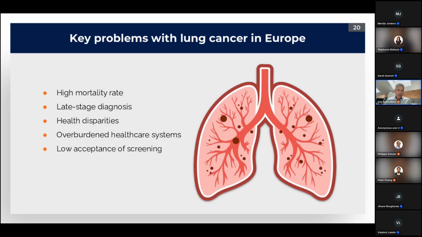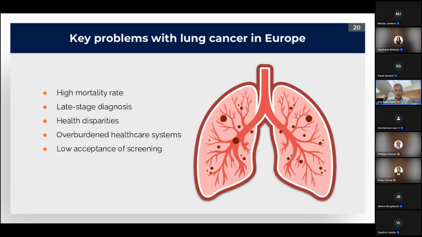There are also still a lot of health disparities, which means that there's a variability in the healthcare access and the quality between the countries and regions, which also impacts the early detection and treatment options. And as you know, and as Peter said, we are confronted with overburdened healthcare systems, which means that there's an increasing demand on radiologists and oncologists due to the rising number of patients and complex treatments.